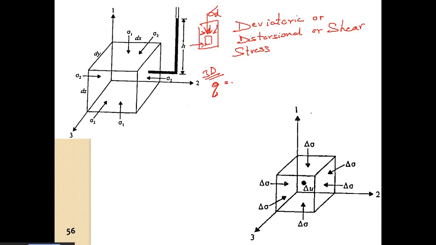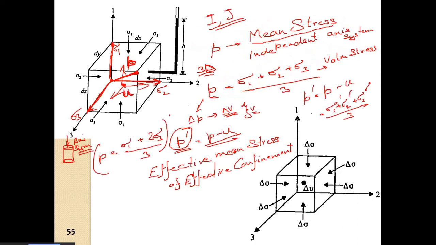So q is given as 1 by root 2 times the square root of sigma 1 minus sigma 2 whole square plus sigma 2 minus sigma 3 whole square plus sigma 3 minus sigma 1 whole square. That is the three-dimensional case. This distortional or deviatoric stress is always perpendicular to the principal confining stress.